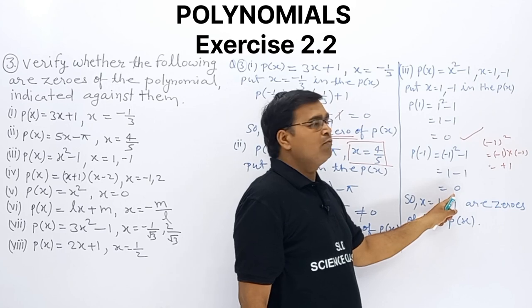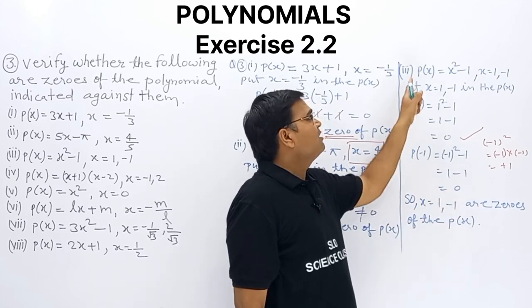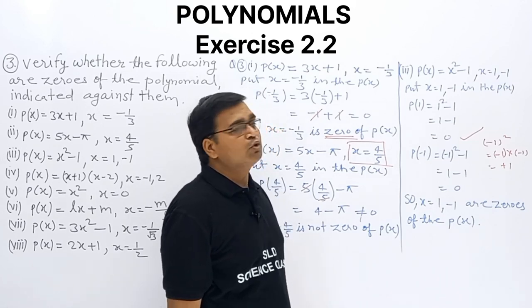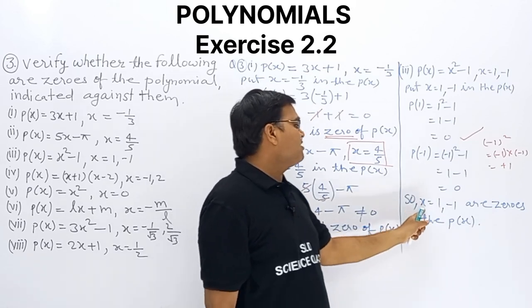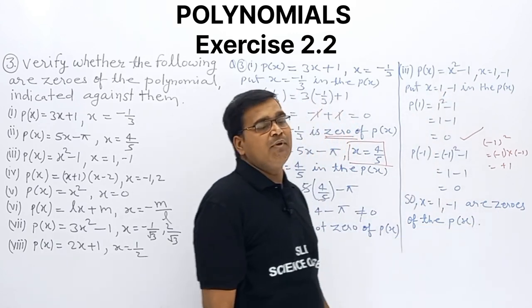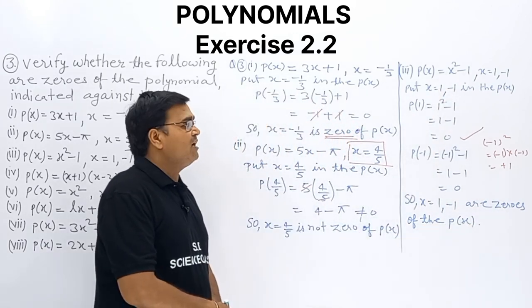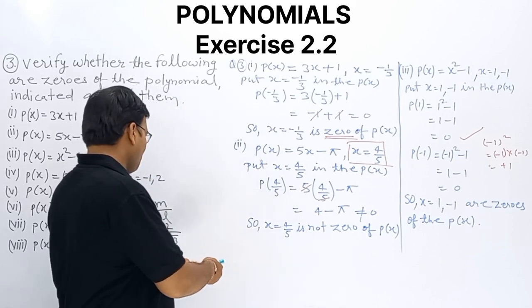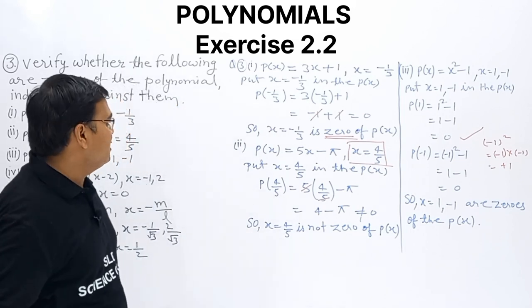This is also a zero of the given polynomial. It means x equal to 1 and minus 1 both are zeros of the given polynomial x square minus 1. Clear? Now the next question. Fourth one I am going to take.